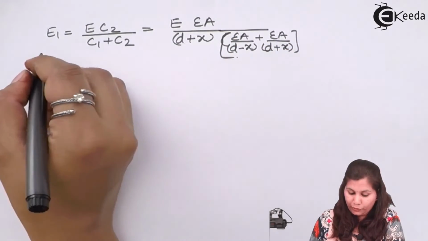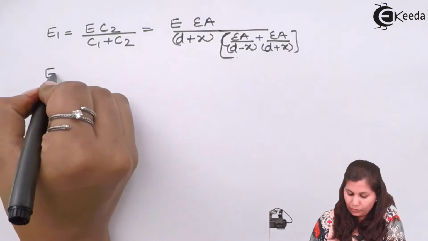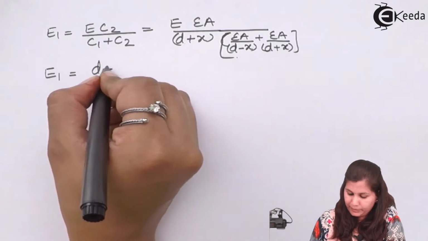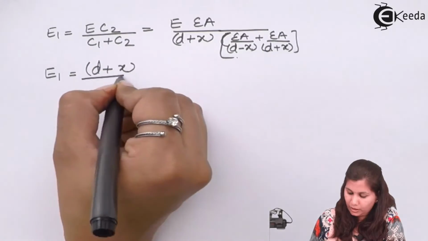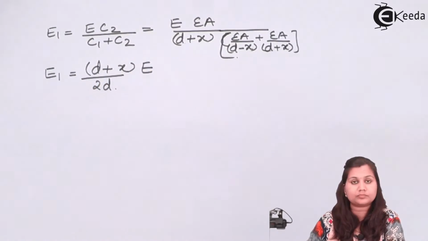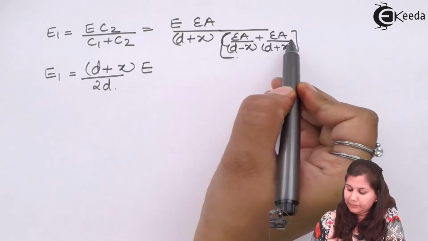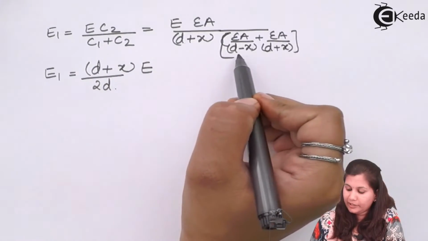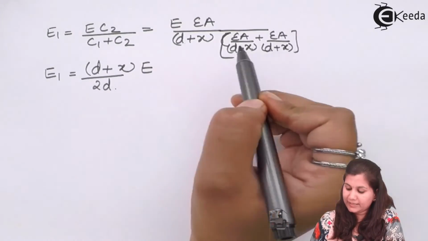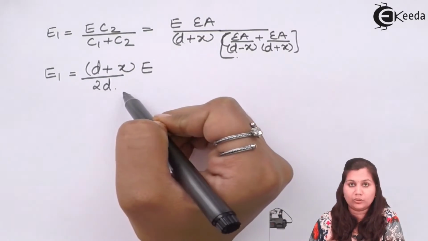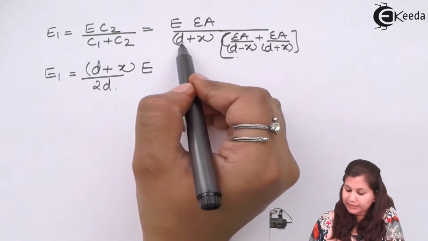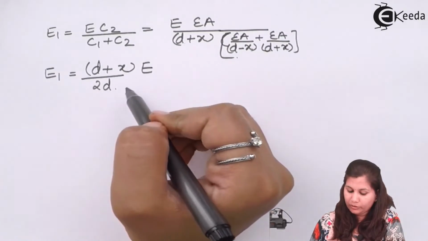From here we get the value of E1 as d plus x upon 2d times E. Epsilon A cancels, and d minus x, d plus x, so x and x cancel. We are left with 2d, and here we have d plus x, E upon 2d.